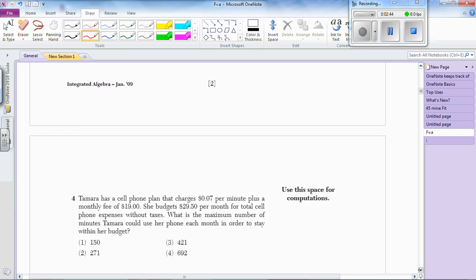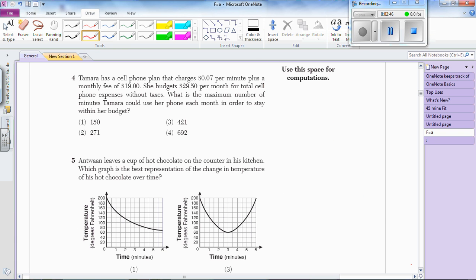Scrolling down. Emma has a cell phone plan where she has 7 cents per minute plus a monthly fee of $19. So what we'll do is first of all, we'll take the $29.50. We'll subtract off the $19, and you get $10.50.